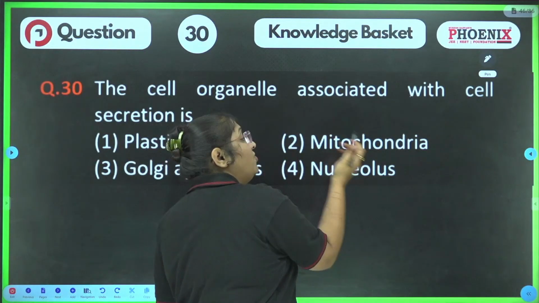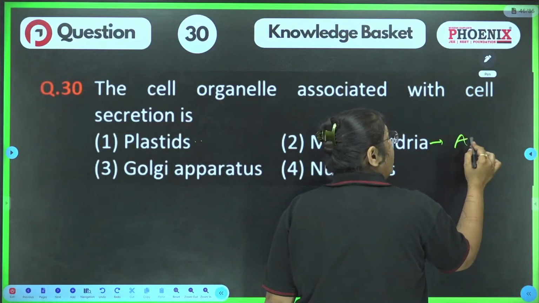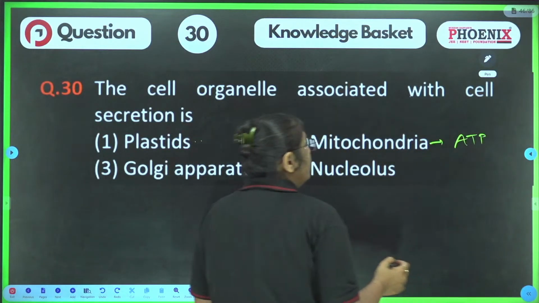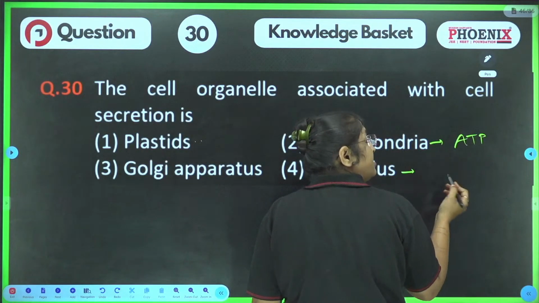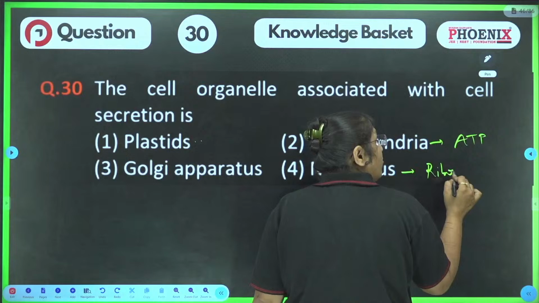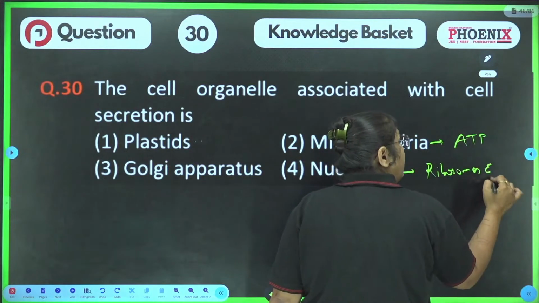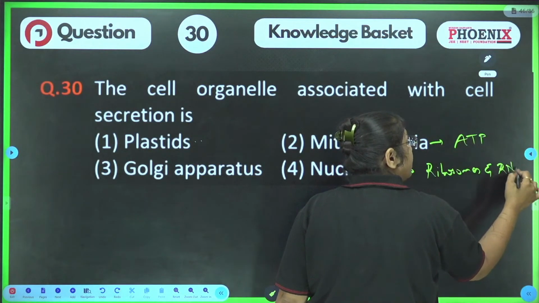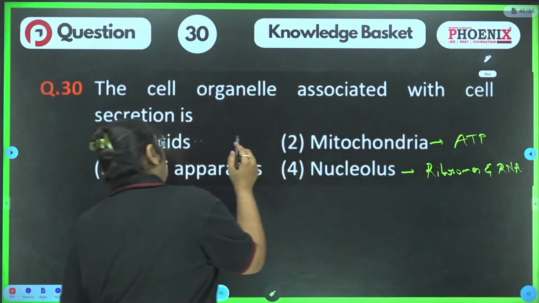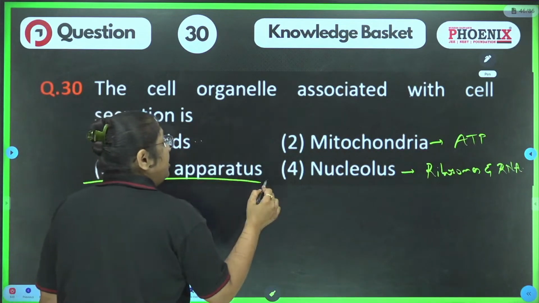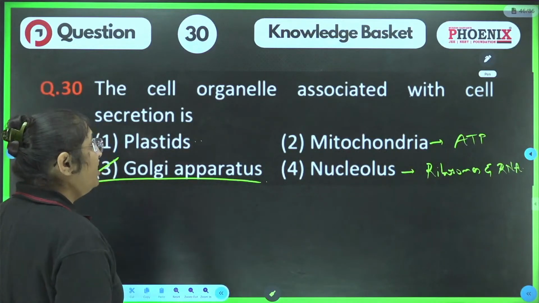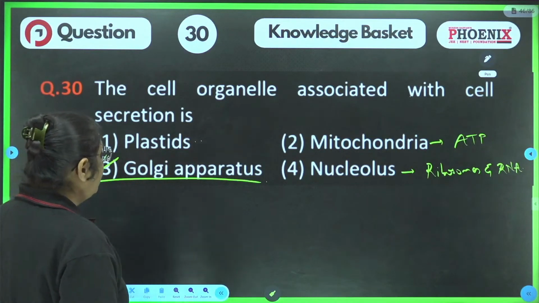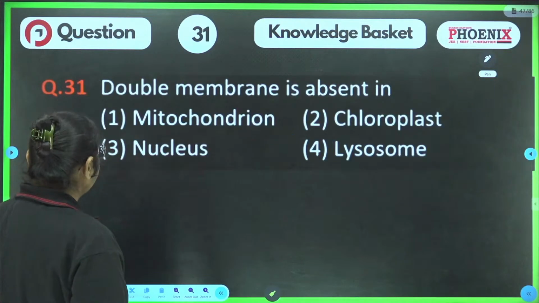Mitochondria's function is synthesis of ATP. Nucleolus helps in synthesis of ribosomes and RNA. So secretion is related to the Golgi apparatus. So the cell organelle associated with cell secretion is the Golgi apparatus.